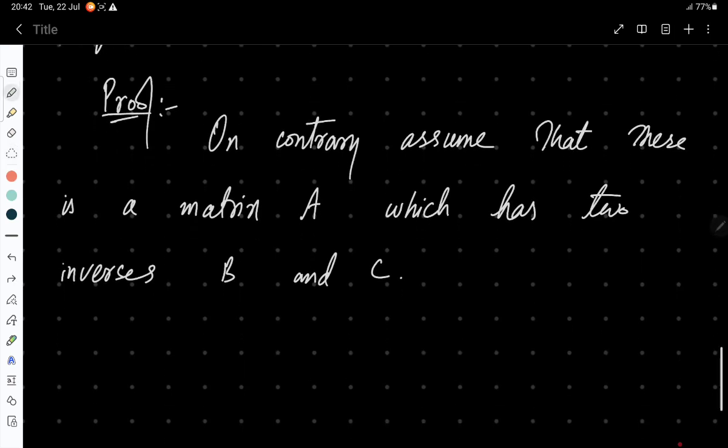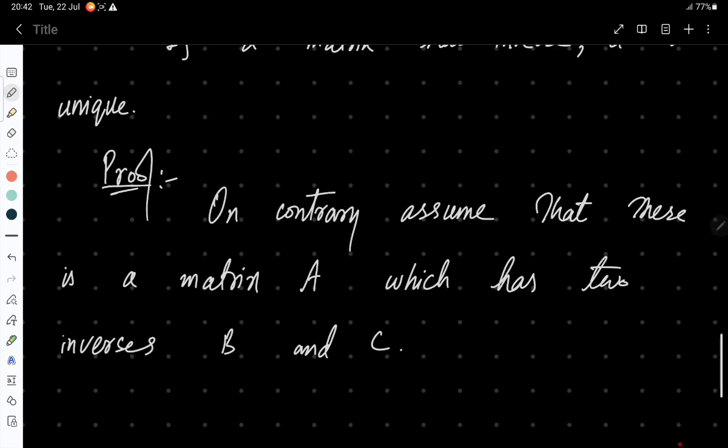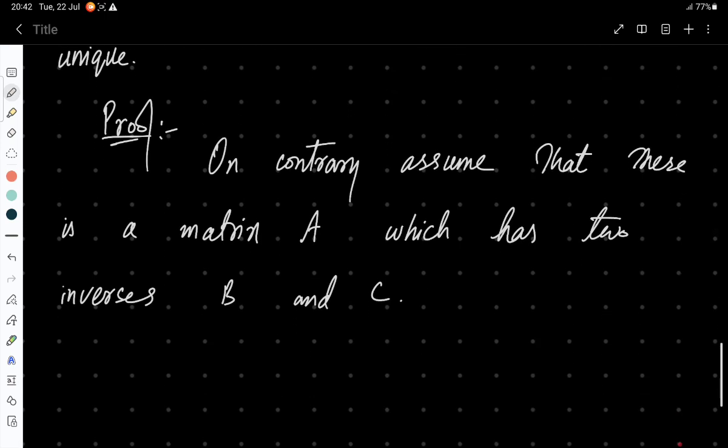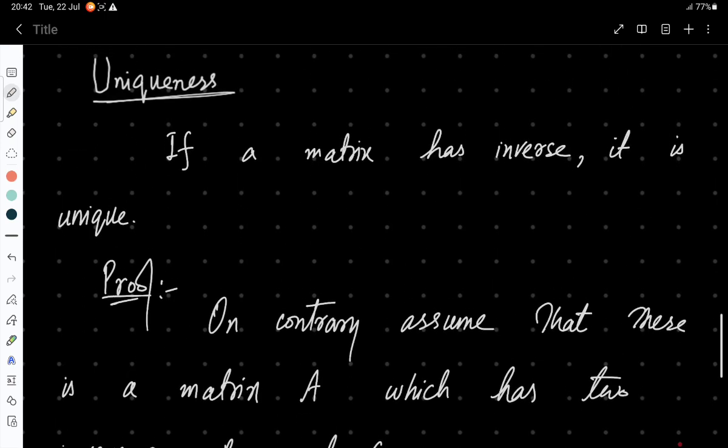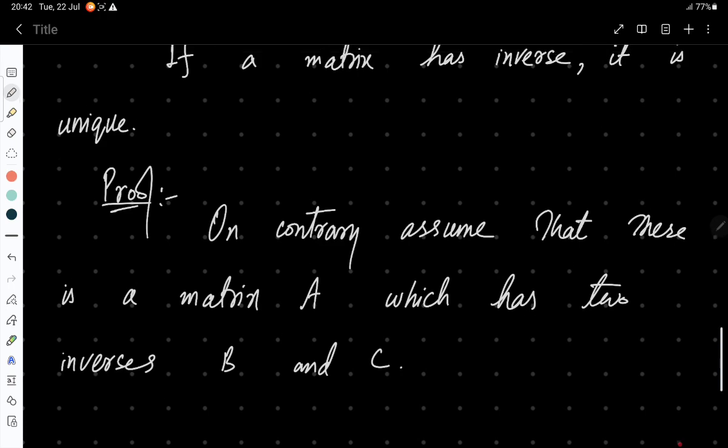What do we have to prove? We have to prove that A has only one inverse, but we assume that this statement is false because we want to prove that it is true. We assume that it is false, then we find a contradiction. This statement being false means A has more inverses.